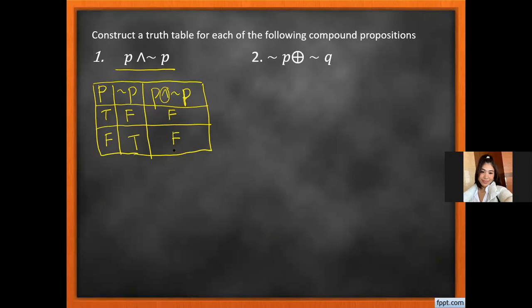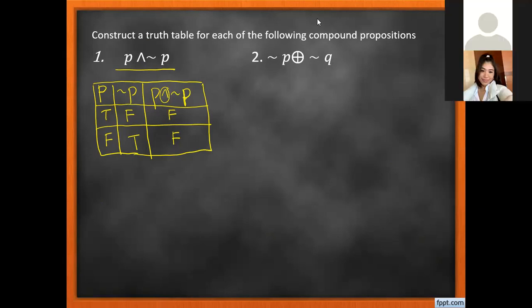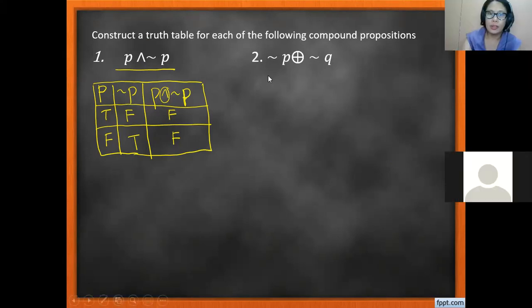I think I was able to explain this during our previous discussion. And this is about contradiction, if you remember. Combining a statement and its negation using the connective and will always lead us to contradiction, because one is true, the other one is false.